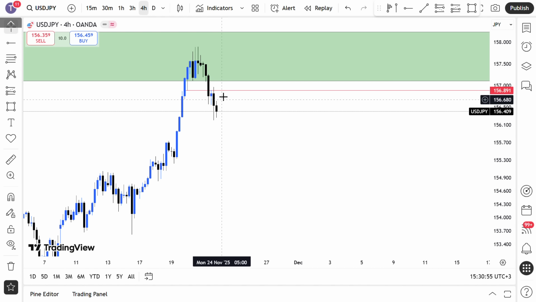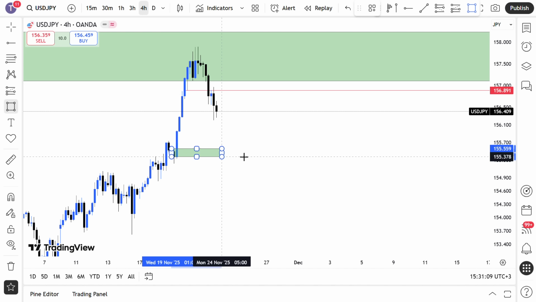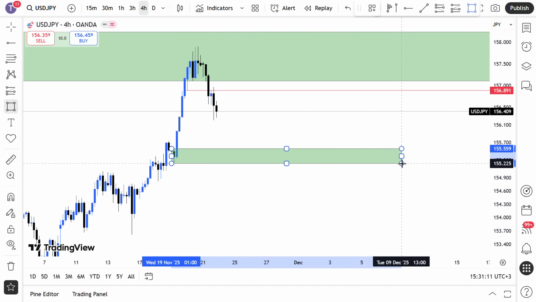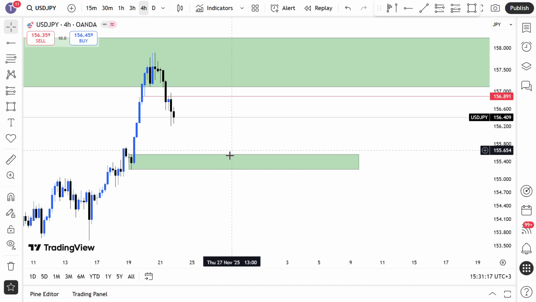I want to see price pulling back into this area, tap into that order block that was going to be left behind, and then we have that move to this zone. So this is my target zone. This is where I'll be targeting the 4 hour order block. So I will want to take my sales from up here to this low.